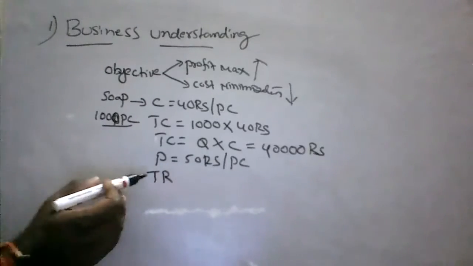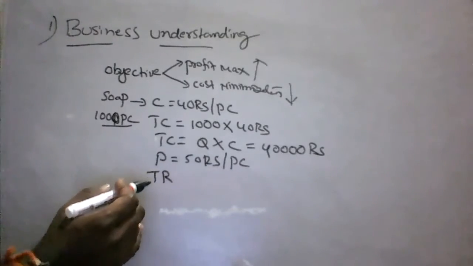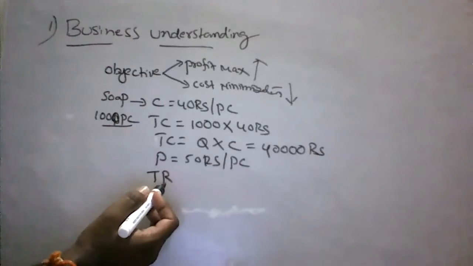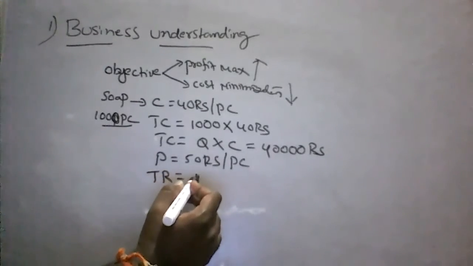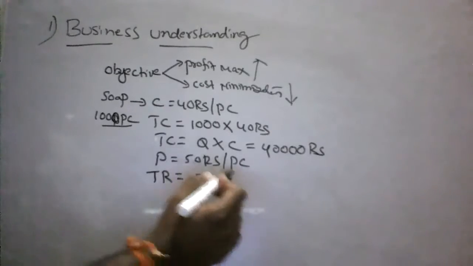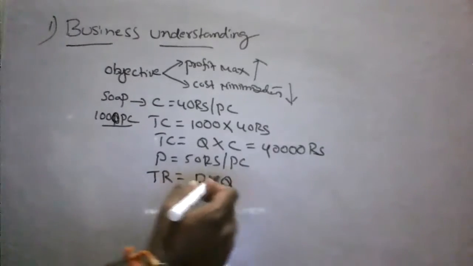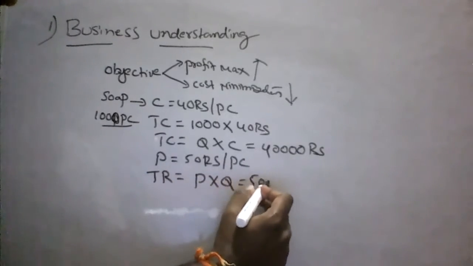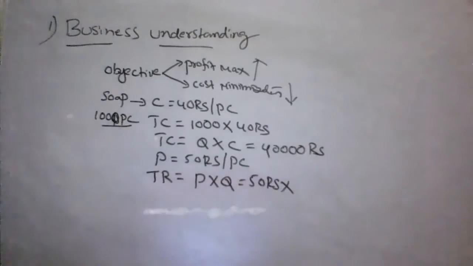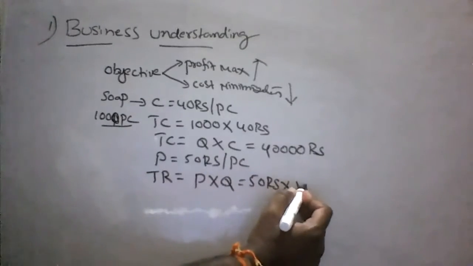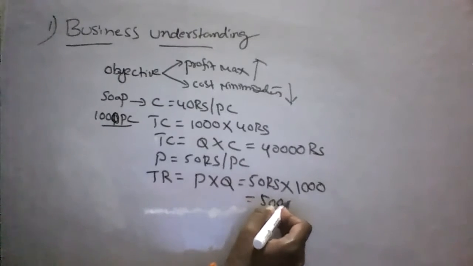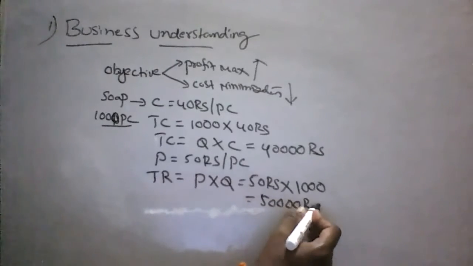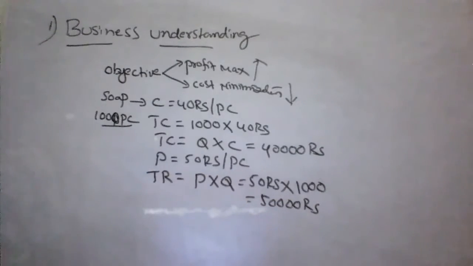Total revenue is how many quantities you sell to customers at what price, simply price into quantity. The price of each soap is 50 rupees, and 50 into 1000 soaps sold in a day leads to 50,000 rupees. I am going to generate revenue of 50,000 rupees in a day.